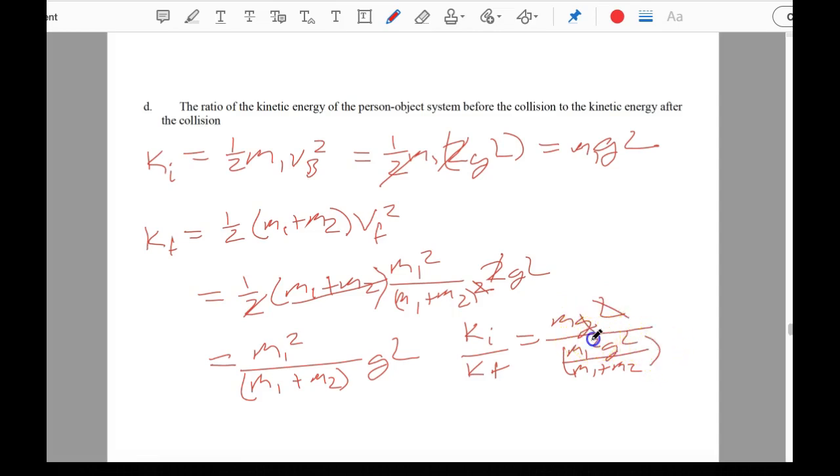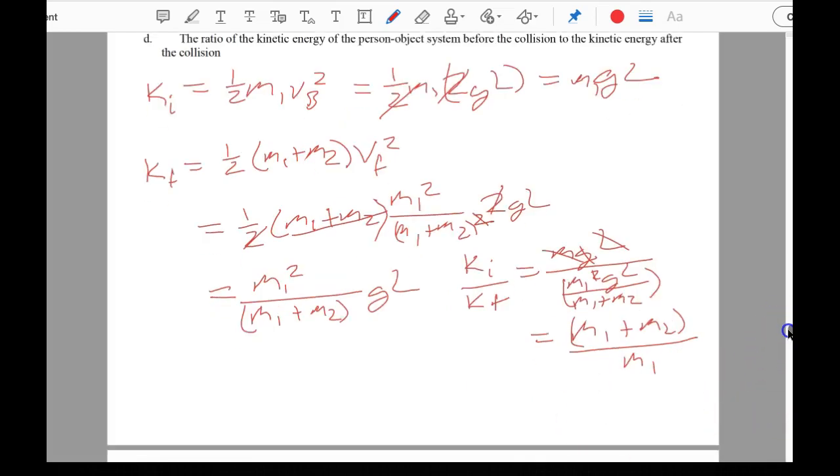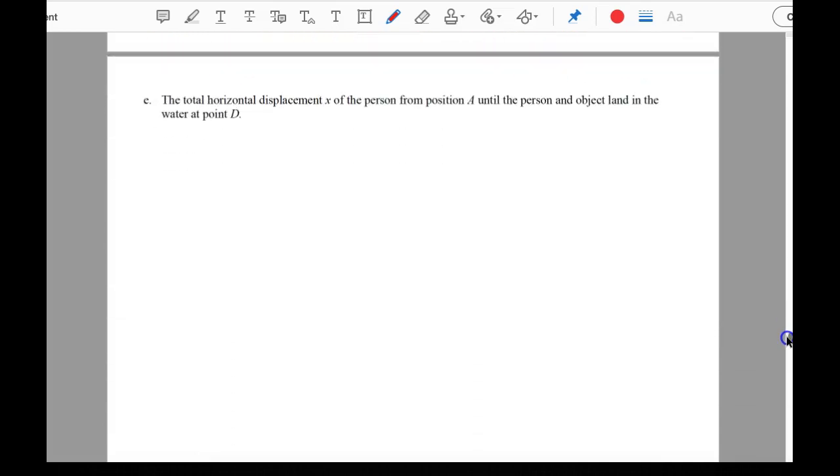We can cross off one of the m's, which is this one. So now you can take this and put it on top by doing the reciprocal. So this is equal to m1 plus m2, and then that whole quantity divided by m1. So that is the ratio of the kinetic energies. No velocity at all there, which is very unusual, but that is the way that the math works out.